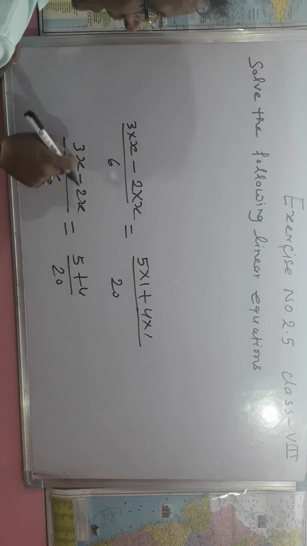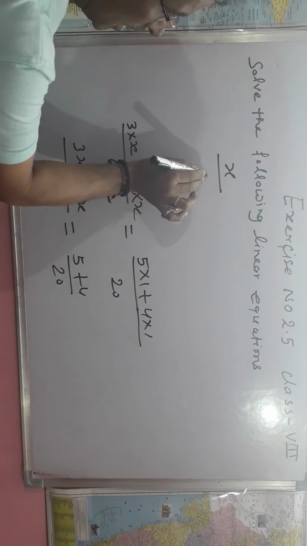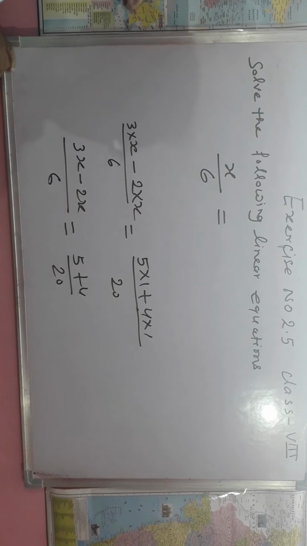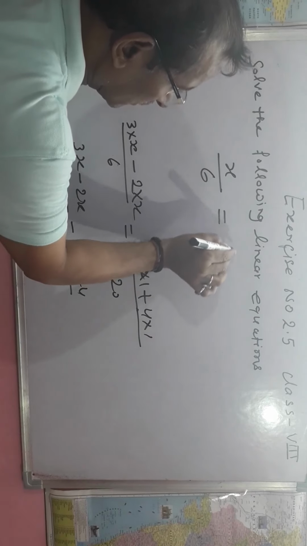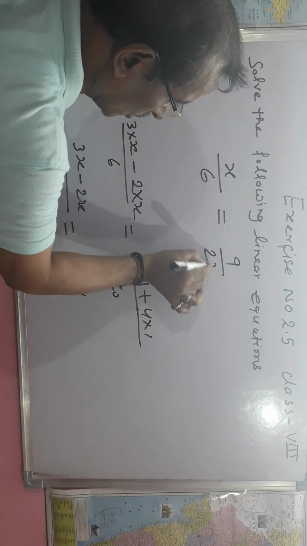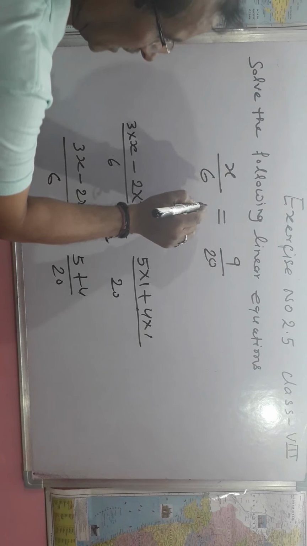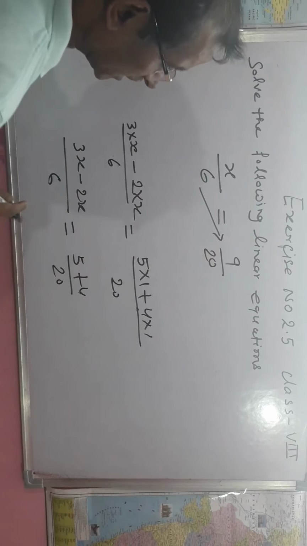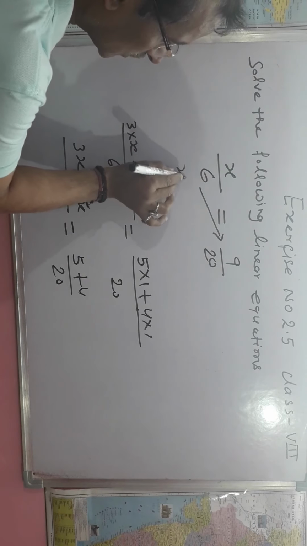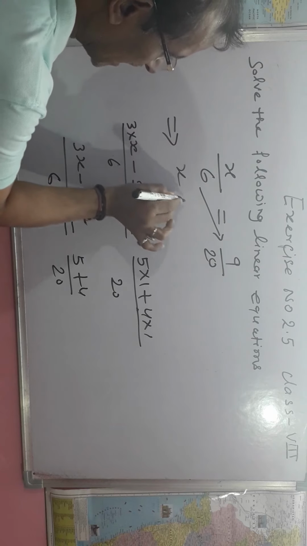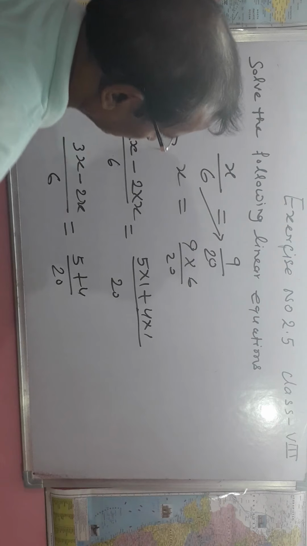3x minus 2x, we get x here upon 6. It means 1x, or we can write x only. Then 4 and 5 is 9 upon 20. Here 6 is in division, so we bring it to the right hand side. It will come in multiplication. Implies x is equal to 9 multiply 6 upon 20.